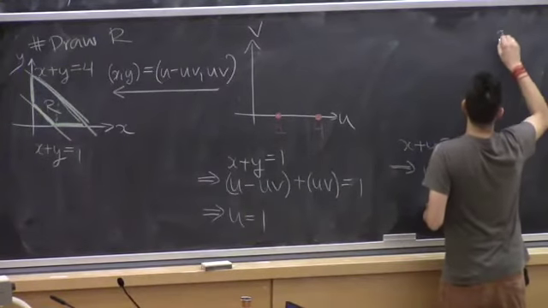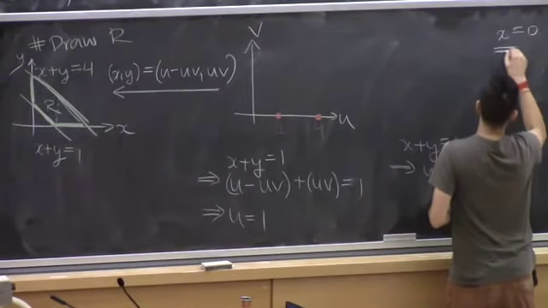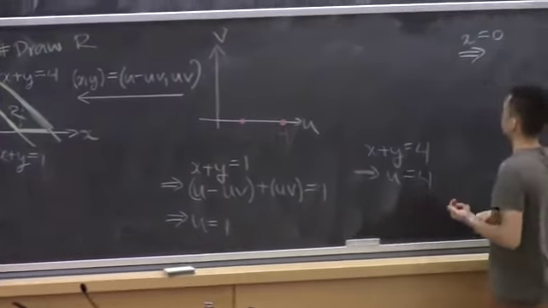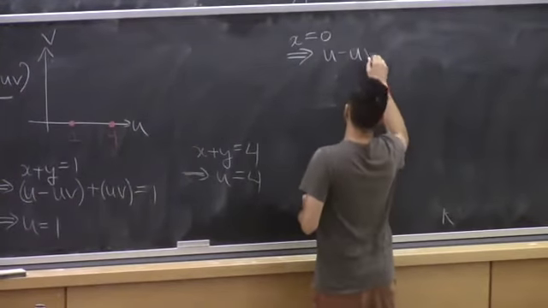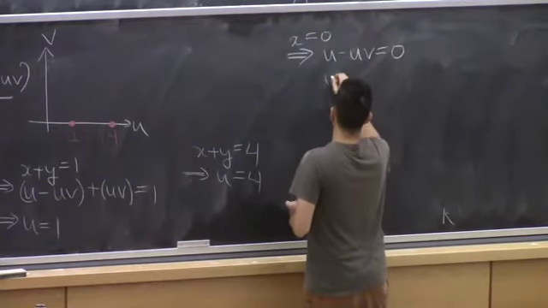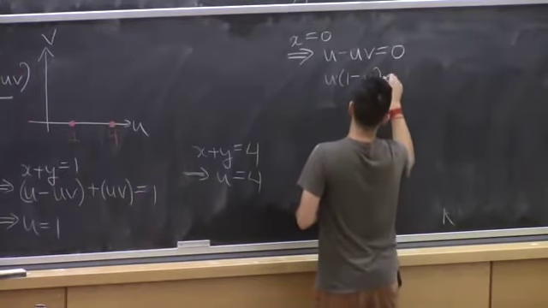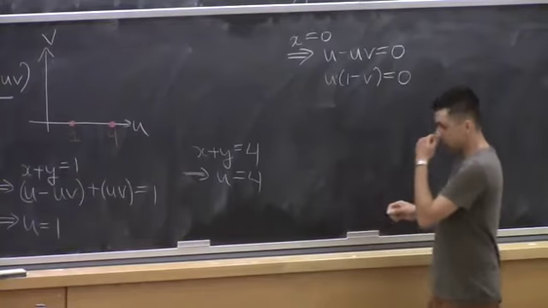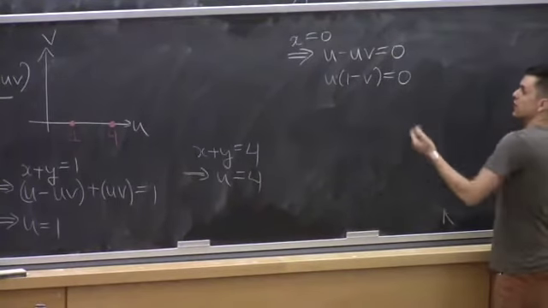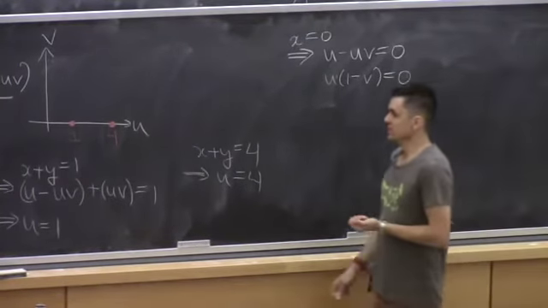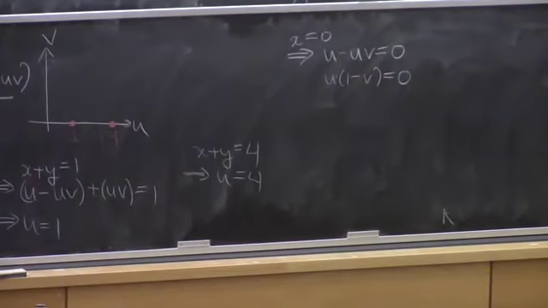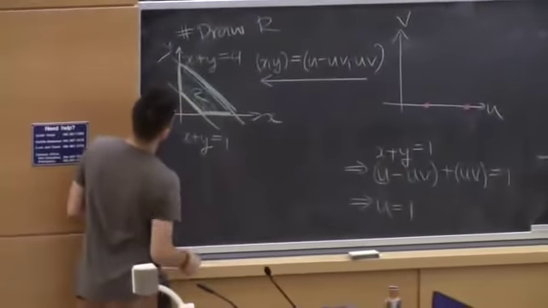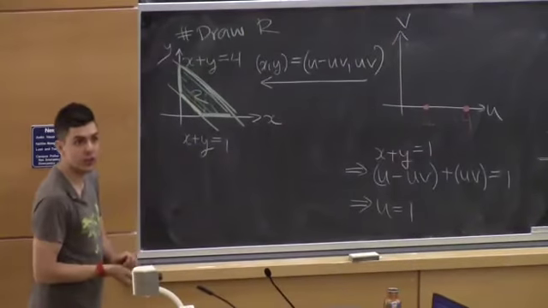So if x is equal to 0, that tells us either u is 0 or 1 minus v is 0. Right? But we know that u is always going to be between 1 and 4.